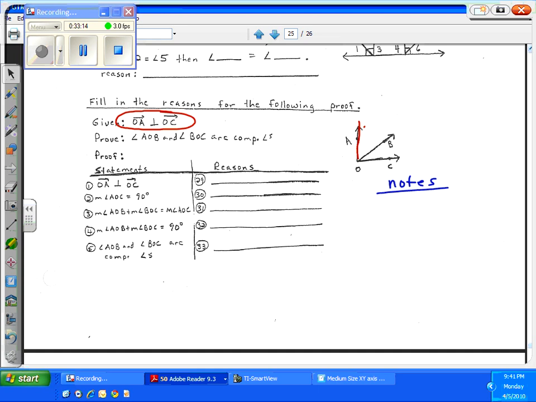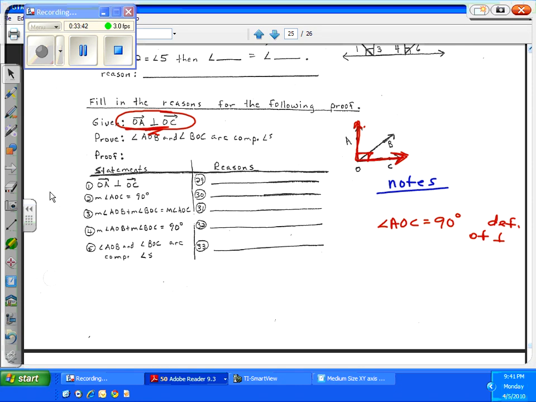We then would take what we're given, mark it in the diagram, write statements and reasons derived from the markings in the note section. Given that AO is perpendicular to OC, we reach the conclusion that that angle right there is 90 degrees. So we can say that angle AOC is equal to 90 degrees.